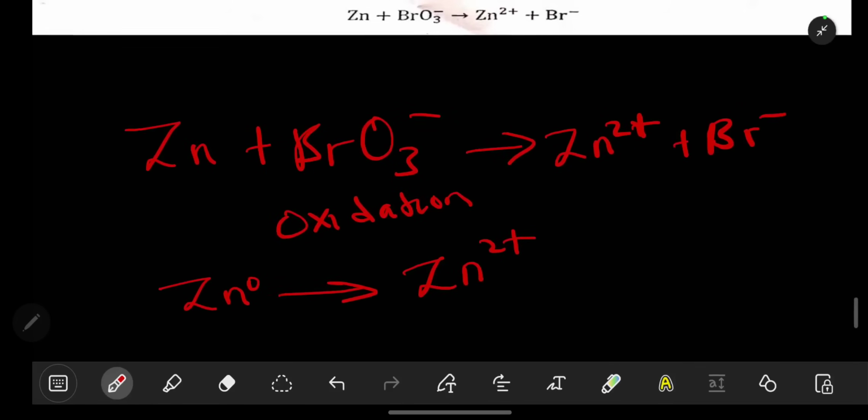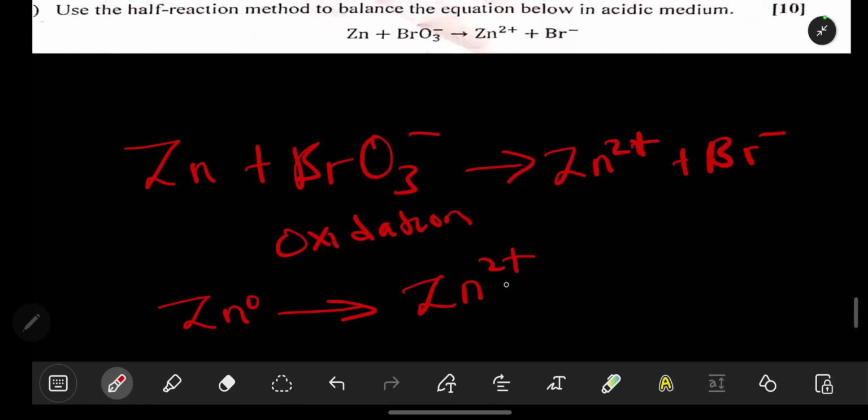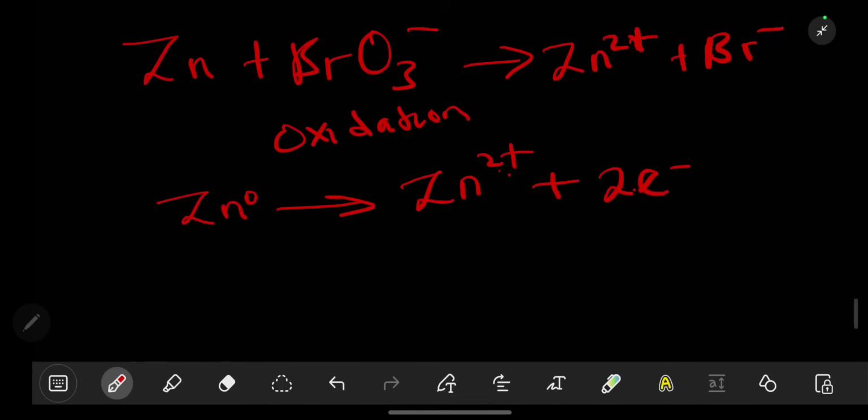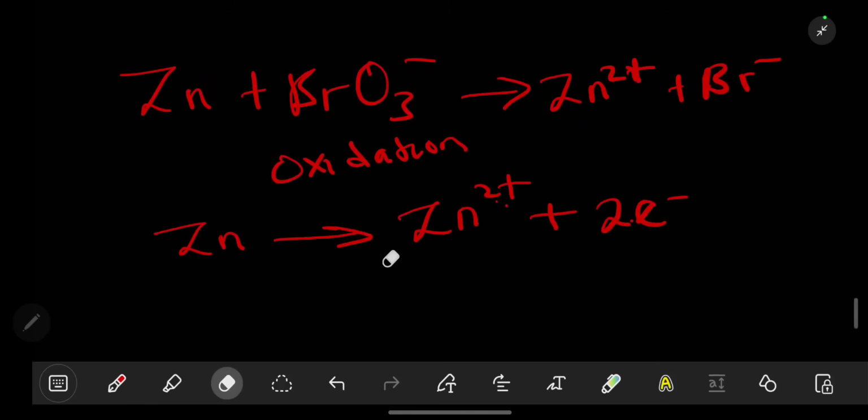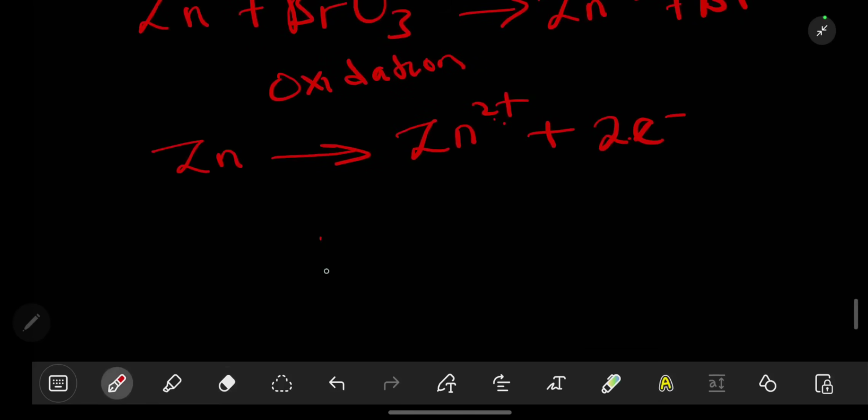So since we have the charge of positive 2, we need to have 0 this side and 0 that side. So we are going to add 2 electrons, plus the positive 2 will give you 0. So we have balanced that one. So if that is oxidation, this has to be reduction.